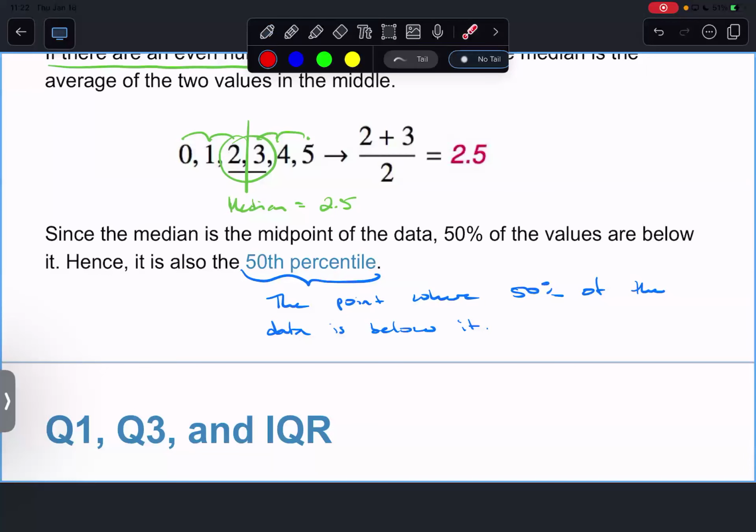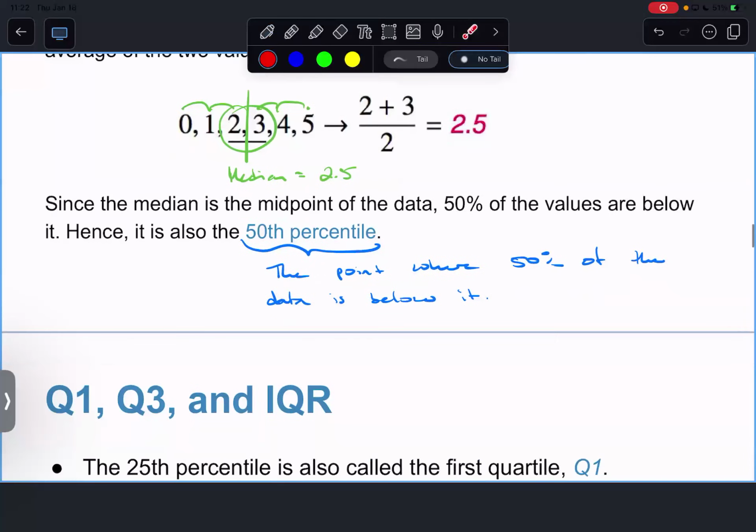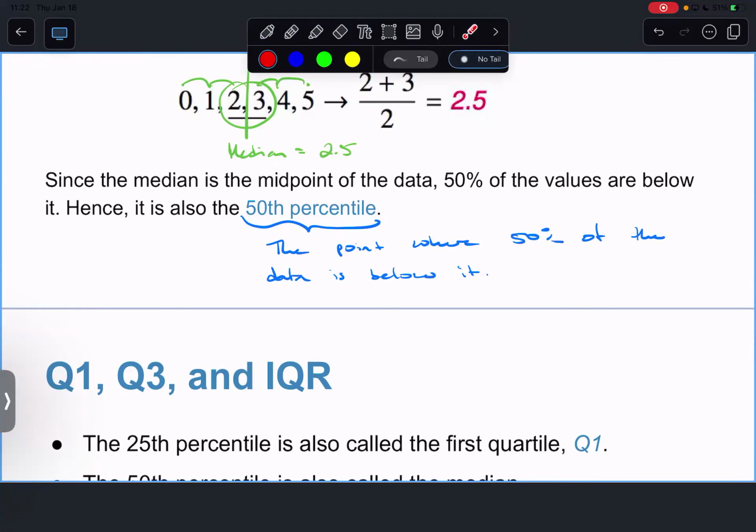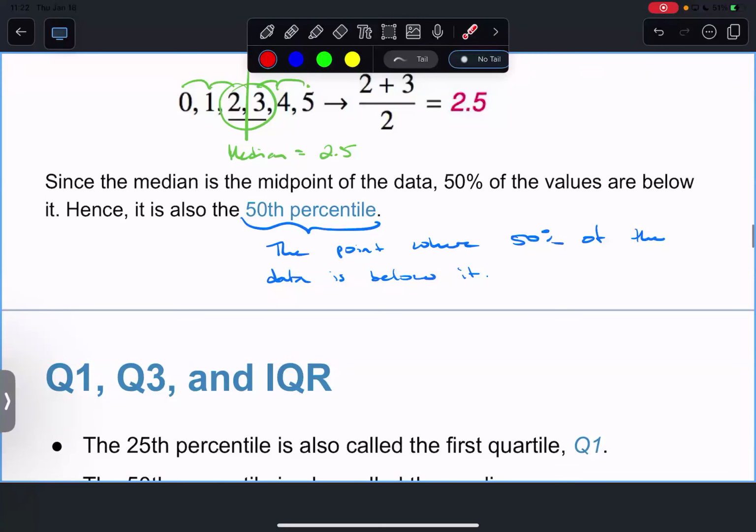Because it's the middle point. So any percentile has that percentage below that point, and 100 minus that percentile above it. And so the median is the 50th percentile.